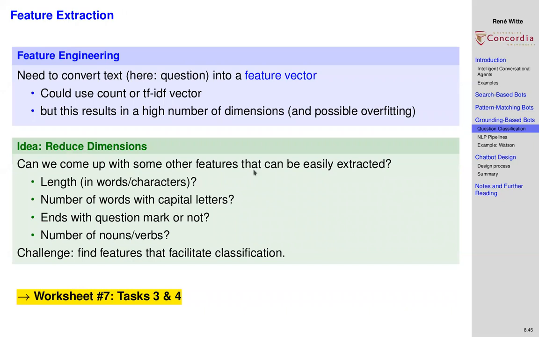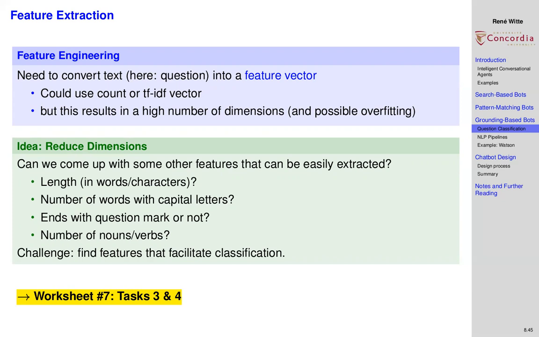Here we have the additional challenge that the input is a natural language text, the question that comes into the bot. And the machine learning algorithms all expect some kind of input feature vector. We've seen one way of converting natural language into a feature vector, which was the idea of a TF-IDF vector. The downside is that this results in a large number of dimensions.